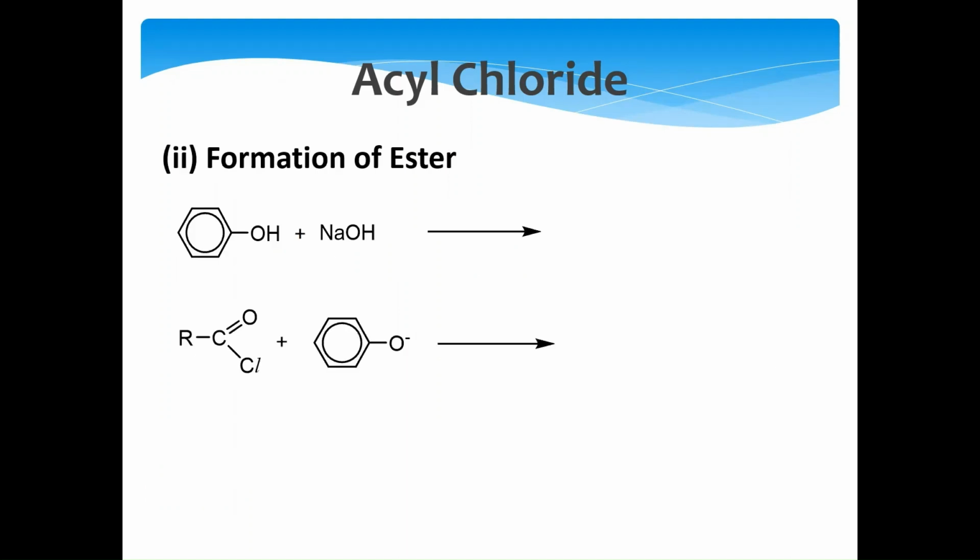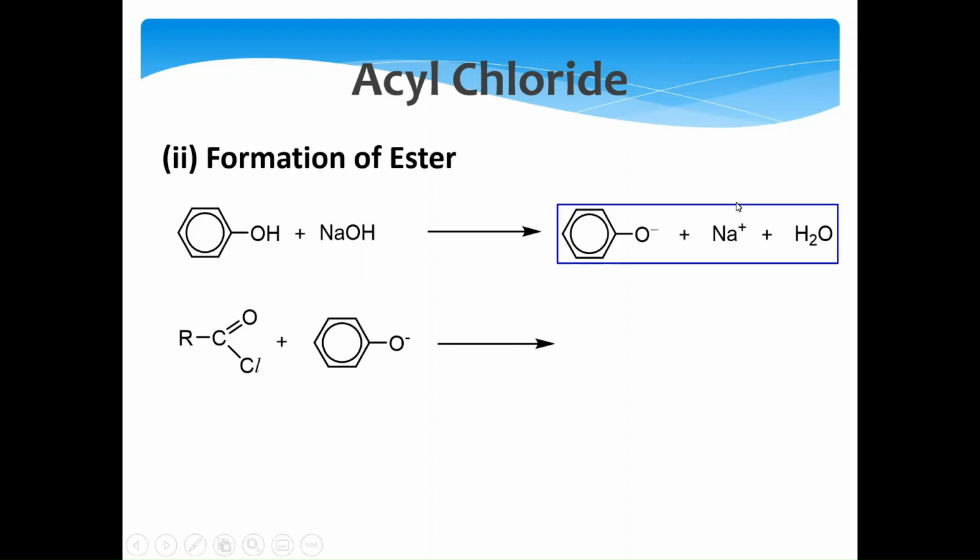Okay, so let's fill up the blanks on page 21. In the example given, the first step is to have NaOH react with the phenol to give you the phenoxide ion first, which is a stronger nucleophile. And then of course, to balance the equation, you will also have to balance it with Na+ and H2O.